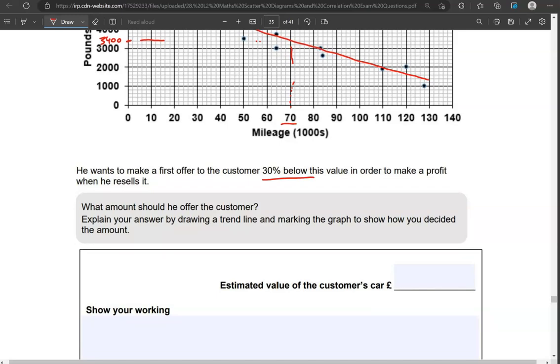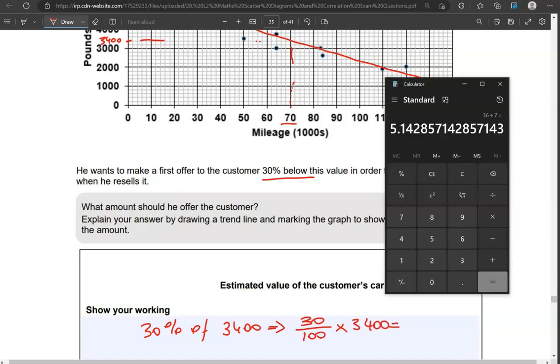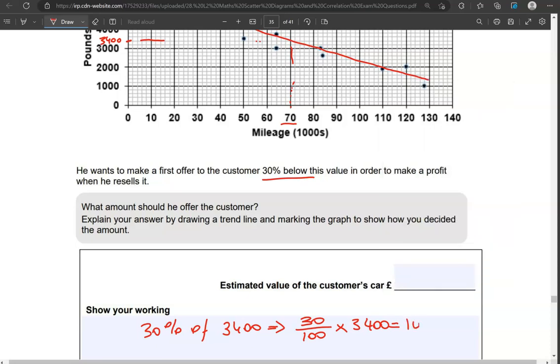So 30% of 3,400. We do 30 out of 100 times 3,400, which is 1,020.